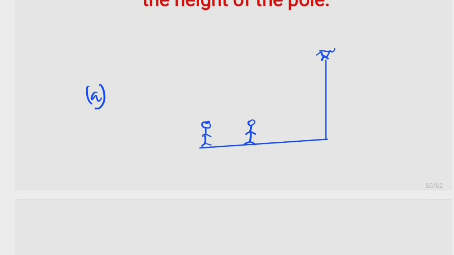From their eyes, according to the question, because the angle of elevation is from their eyes, so you should take note of that. So this is Abu and this is Babu, right? So this one observes this bird here. This one also observes the bird. So this is the horizontal line, right? Remember, angle of elevation is between the horizontal line and the line of sight.